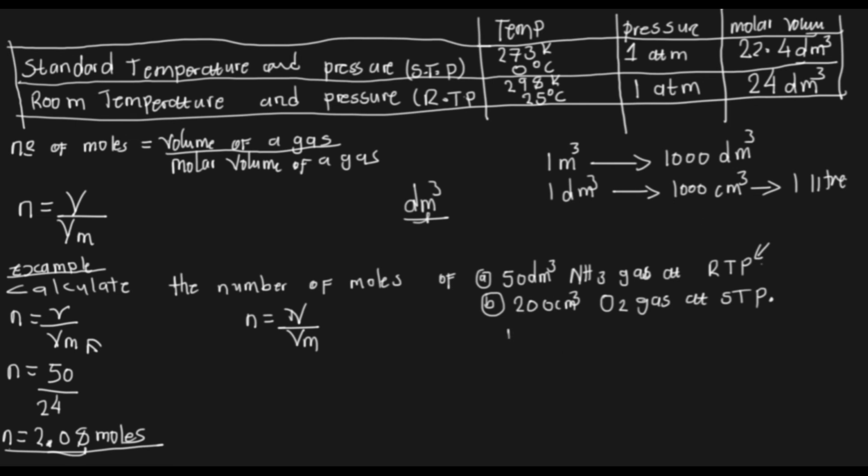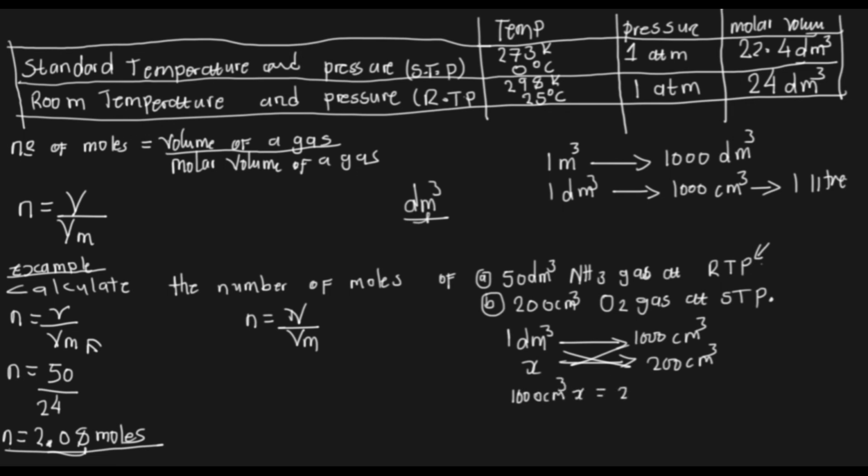So what we are going to do is we are going to say 1 decimeter cubed is equal to 1000 cubic centimeters. Then this 200 will be here, so we have 200 cubic centimeters, and x. Cross multiply, so 1000 times x we get 1000 cubic centimeters x.